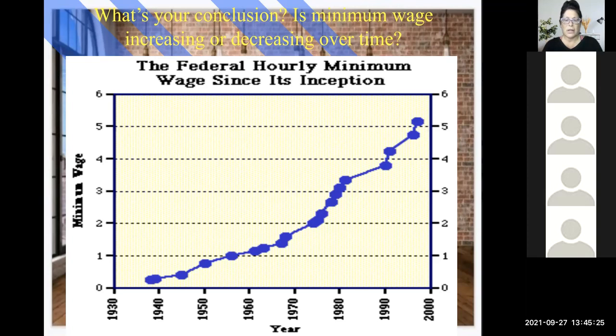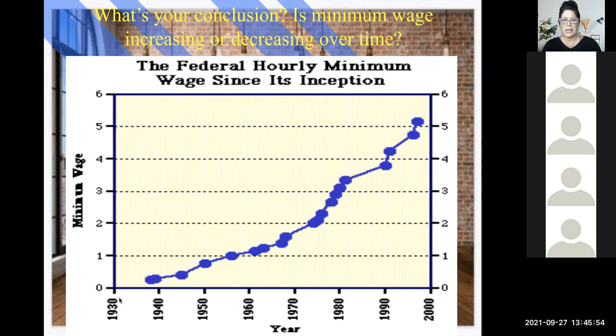All right, so here is the federal hourly minimum wage since its inception, which means the beginning, or when it came about. So we have the minimum wage right here. Again, our dependent variable is going to be on the y-axis, and our independent is going to be on the x-axis, right?